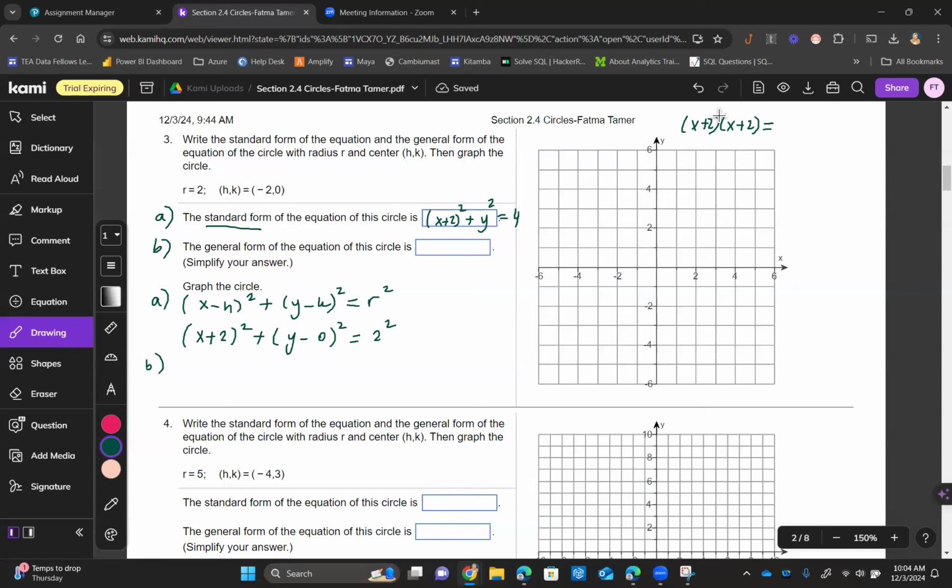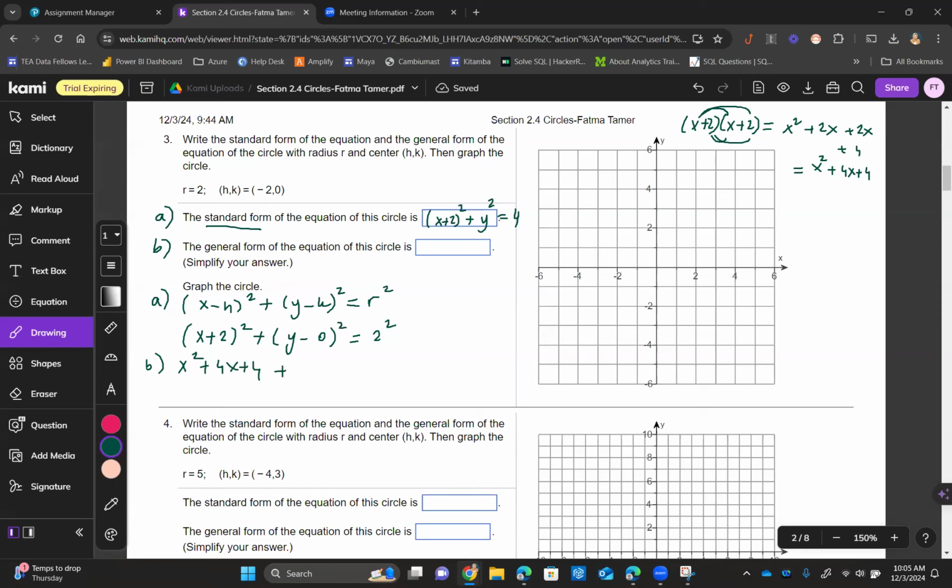And then you can use the FOIL method. x times x is x². x times 2 is 2x. 2 times x is 2x. And 2 times 2 is 4. If you organize the like terms, this will become x² + 4x + 4. This is what you get for (x + 2)². So this one will give me x² + 4x + 4.